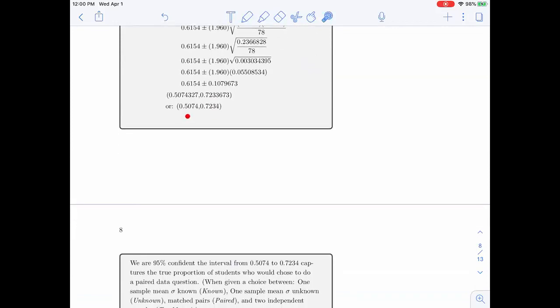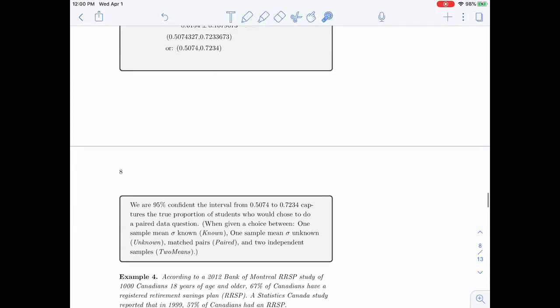We can convert these to percentages if we prefer, right? 50.7% to 72.3%. But we are talking about the proportions, so proportions should be in decimals between 0 and 1.